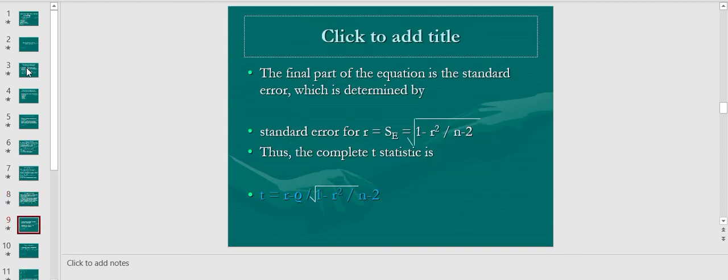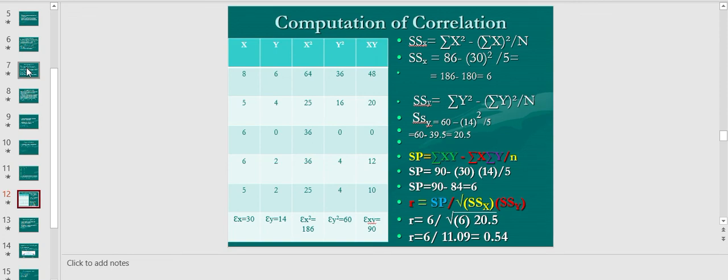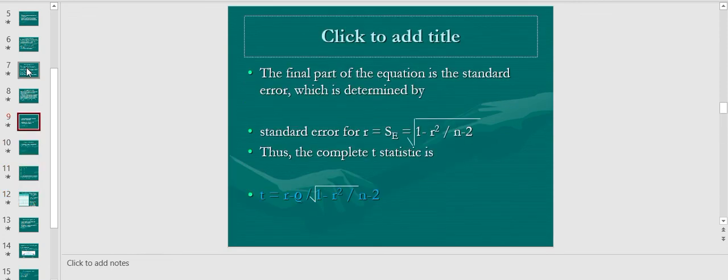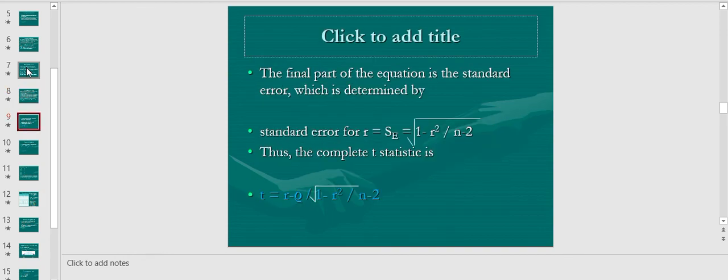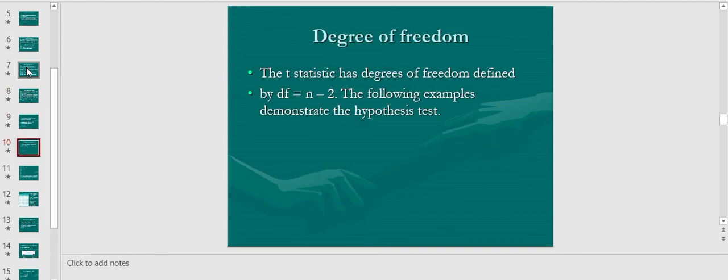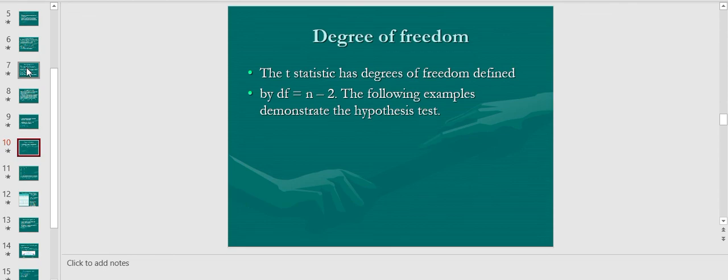We first state the hypothesis, select the alpha level and identify the critical region.